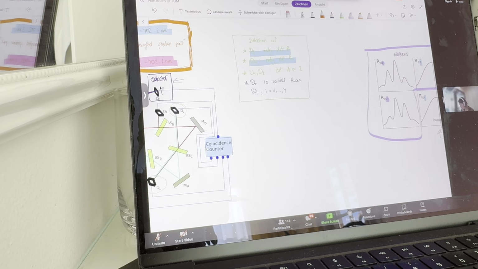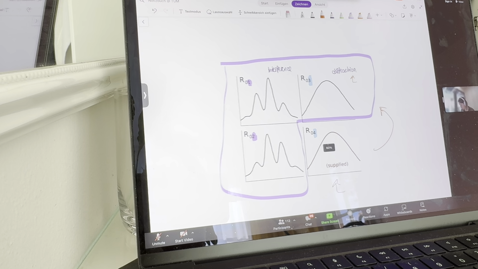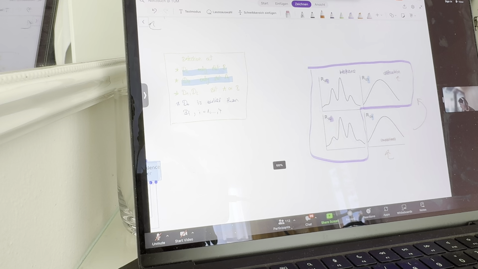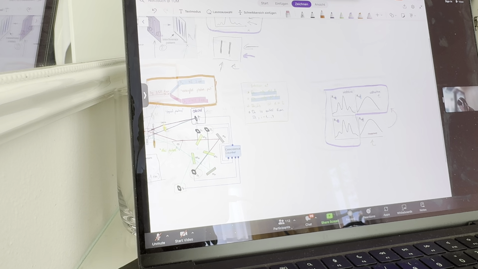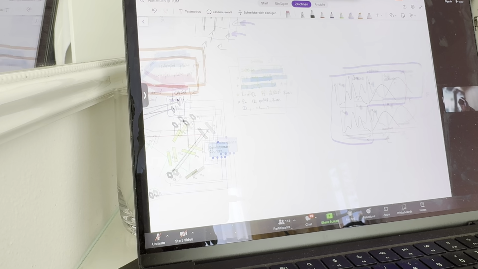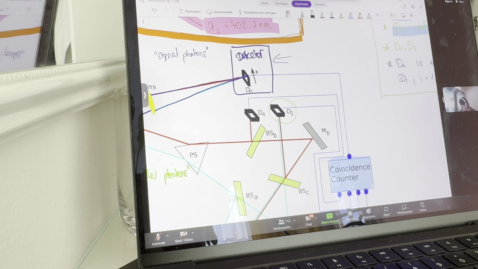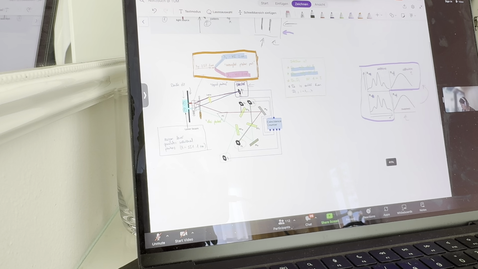And the graph here shows the coincidence rate. So, I think I did not say that, but Y is the coincidence rate, and in X direction, this is kind of sketched here, but it's like the width of the detector.